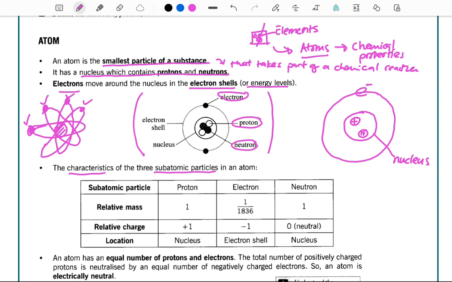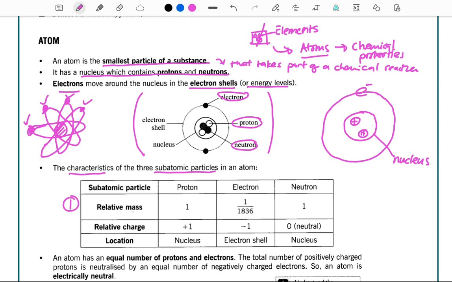So the first subatomic particle that we will look at is the proton, and we'll look at the first characteristic, which is relative mass.